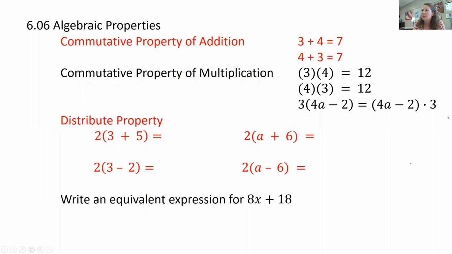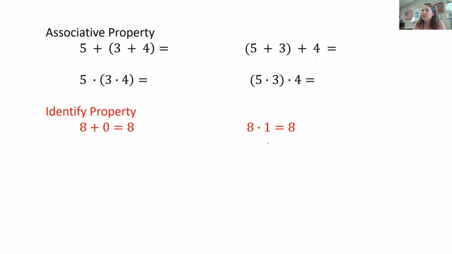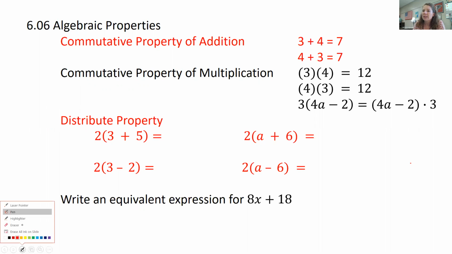If you take two numbers and you either add or multiply them, but then let's say you change their order, it doesn't change the answer. So for example, the first one, if I add 3 and 4 together, I get 7.